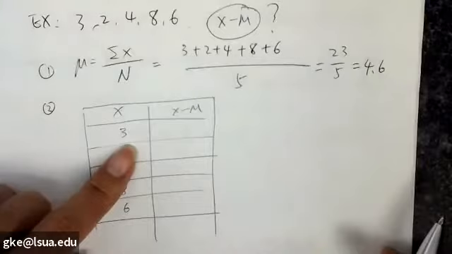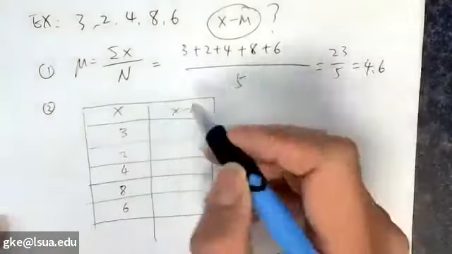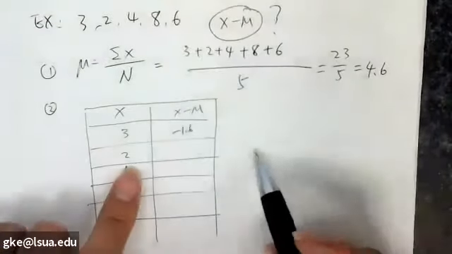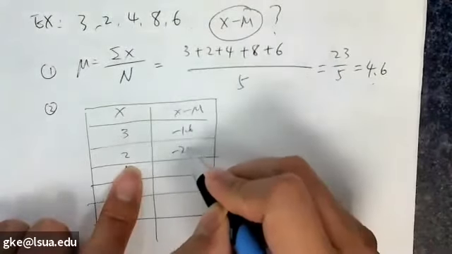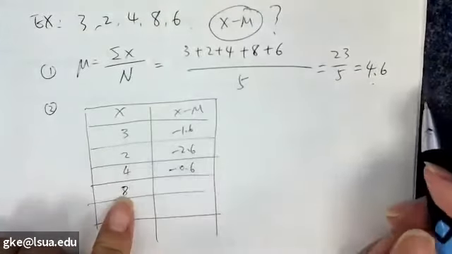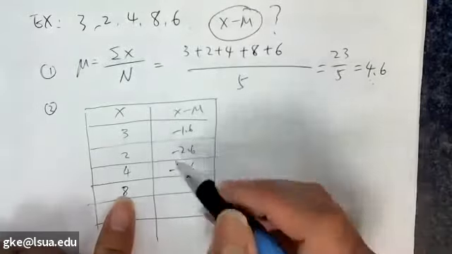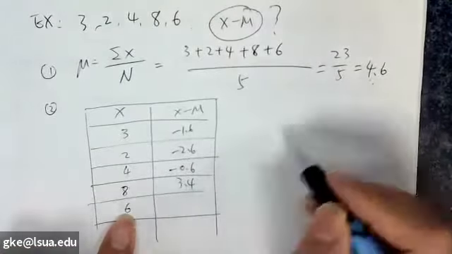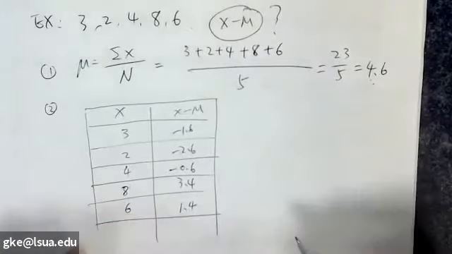This entry subtract the mu, 4.6, equals negative 1.6. 2 subtract 4.6 will be negative 2.6. 4 gives negative 0.6. 8 subtract 4.6 is going to be 3.4. 6 subtract 4.6 is going to be 1.4, right?